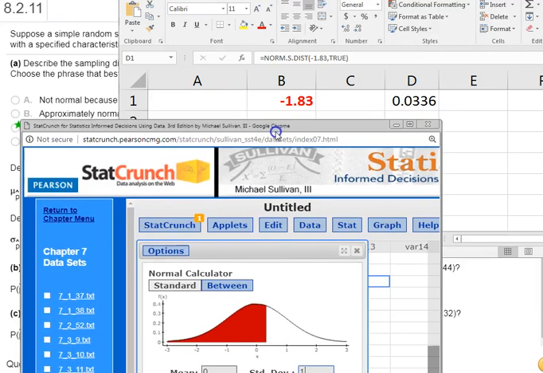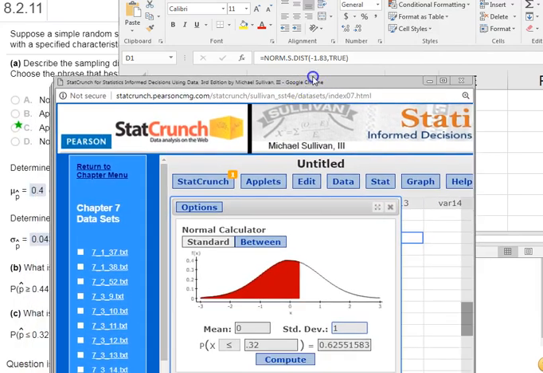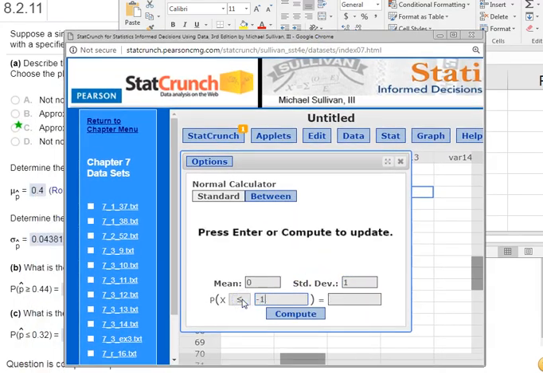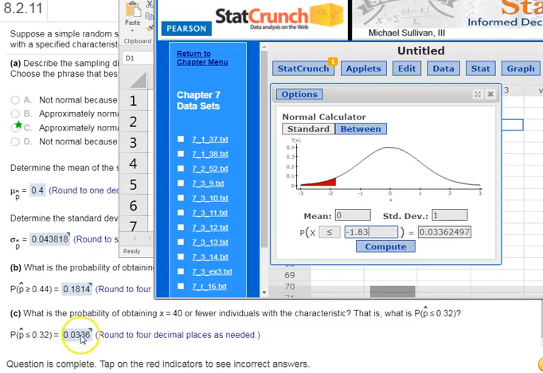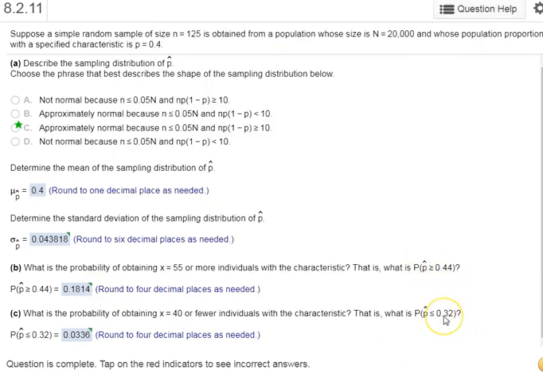And if I type in that Z value of negative 1.83, you get precisely the same answer that they have here for the solution in your math lab homework. So if you're getting these wrong because you're off by 1 decimal point at the end, use the Z value approach. Determine the Z value first, and then do what I just illustrated here in the video.